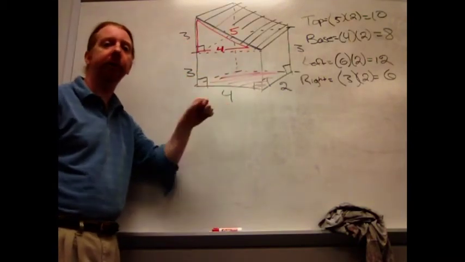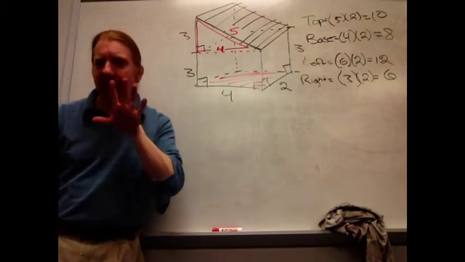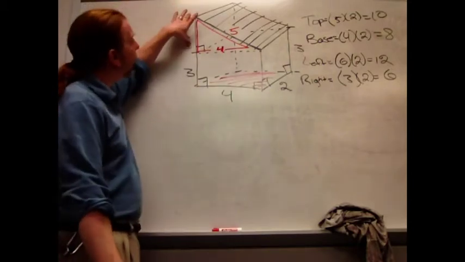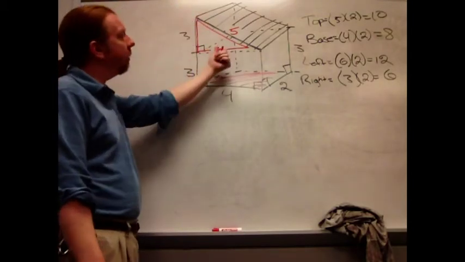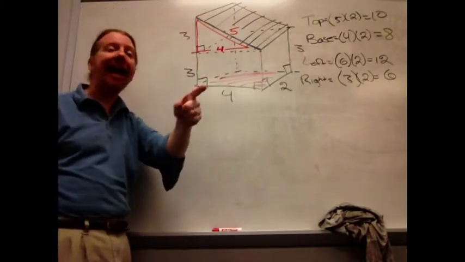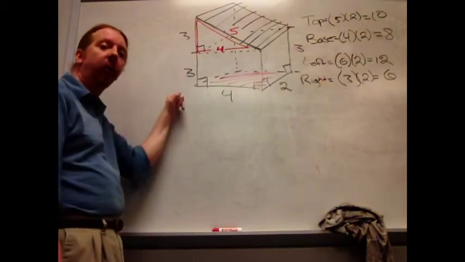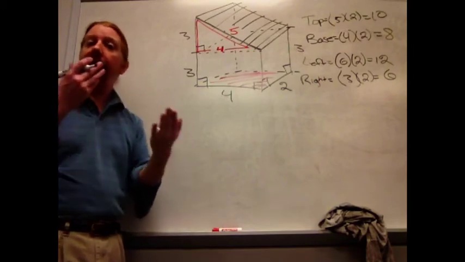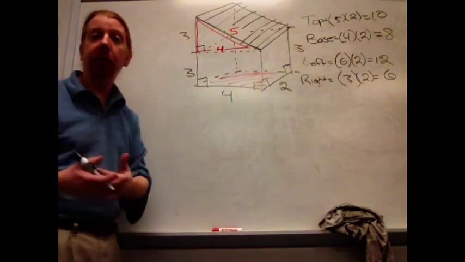It's a trapezoid. If I'm a little bit fuzzy on the trapezoid, I could see this as a triangle, half base height, so 3, 4, take half of that, and add it to another rectangle, which is 3 by 4. You'll get the same area. Again, it comes down to what you feel most comfortable with.